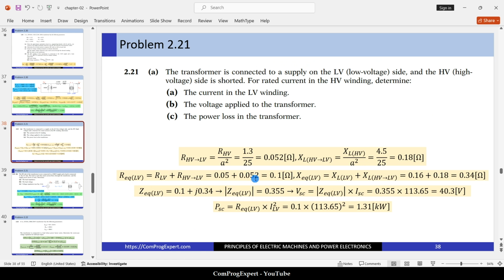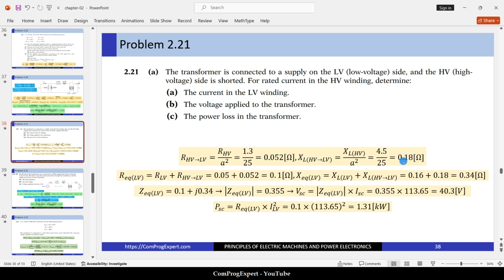Here are the equations. The resistance of the high voltage winding referred to the low voltage side is the resistance of the high voltage side divided by A to the power 2, that is equal to 1.3 divided by 25, which is 0.052 ohm. This is the value of the leakage reactance of the high voltage winding referred to the low voltage side.